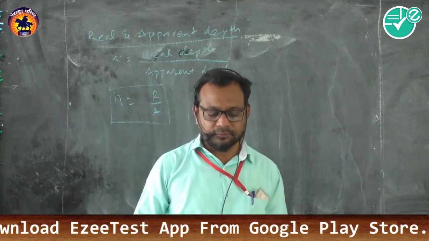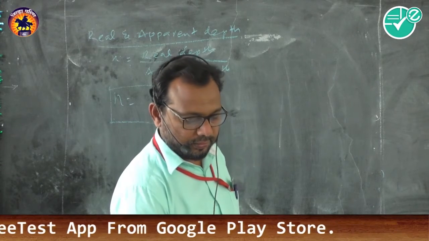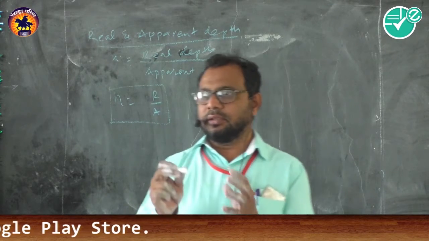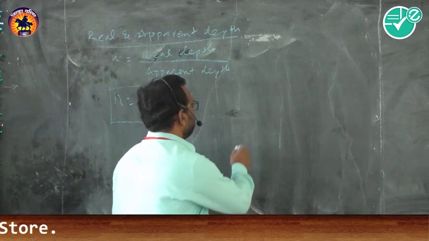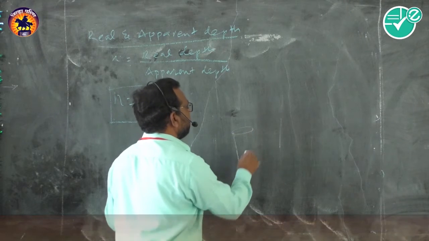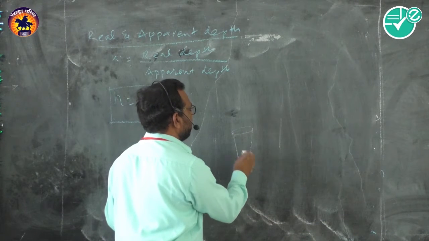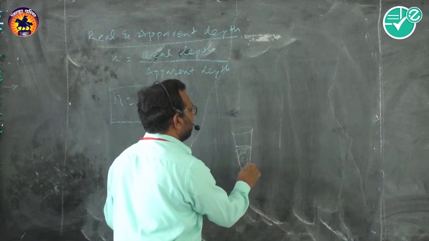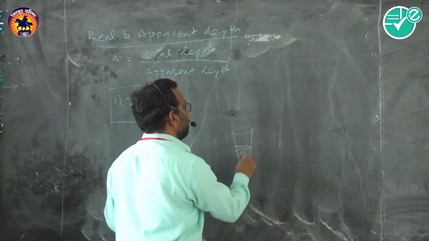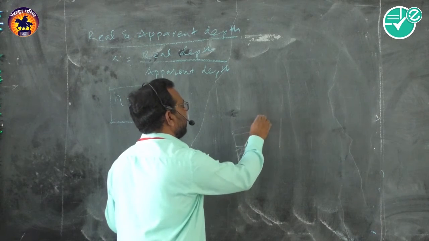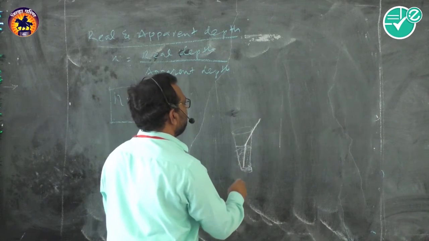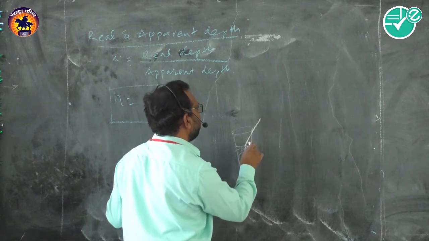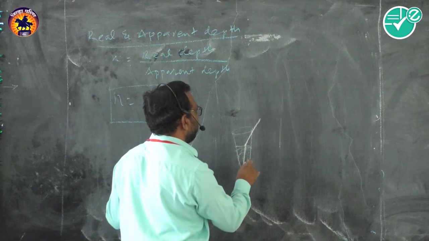Actually, when we put a stick or pencil in a glass utensil half filled with water, the pencil looks crossed or bent, and this is because of the refraction of light.